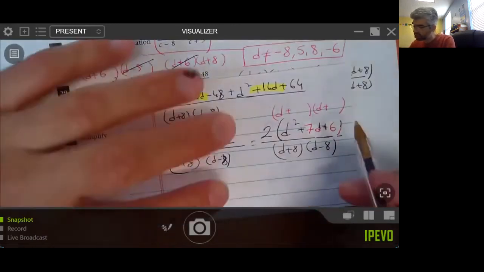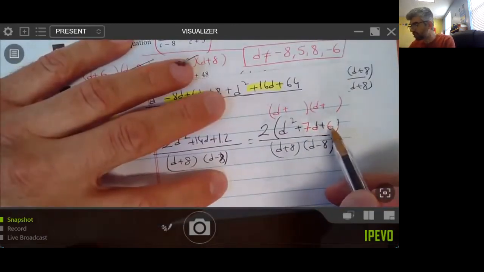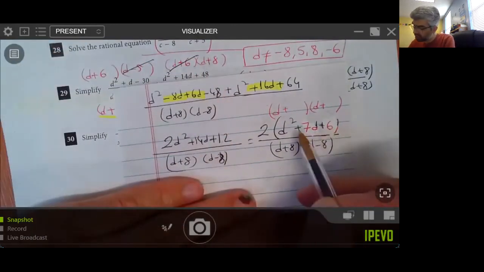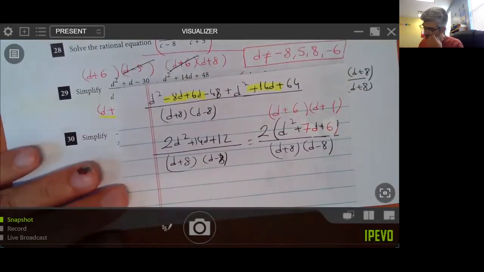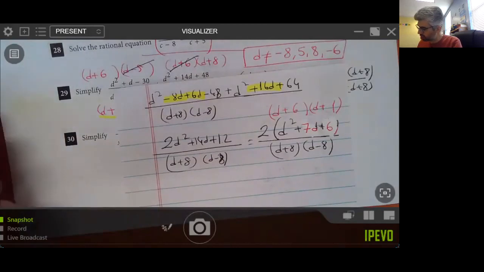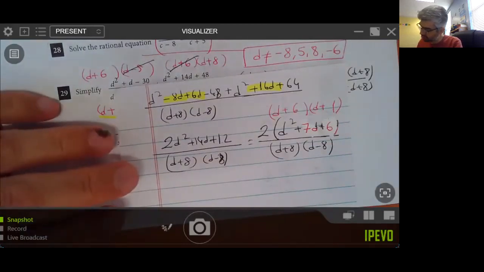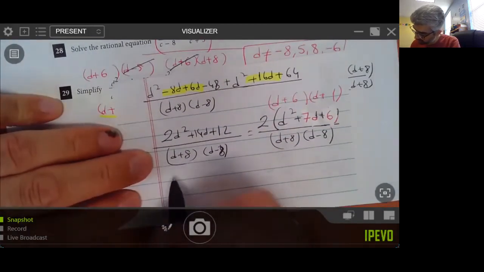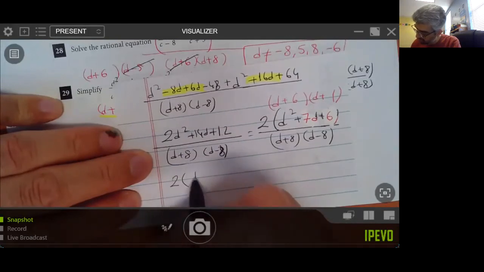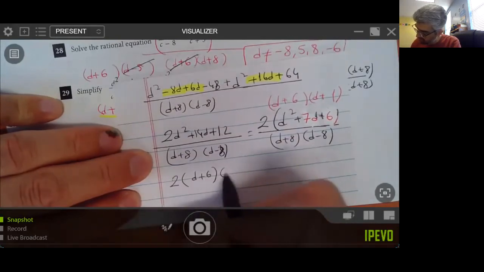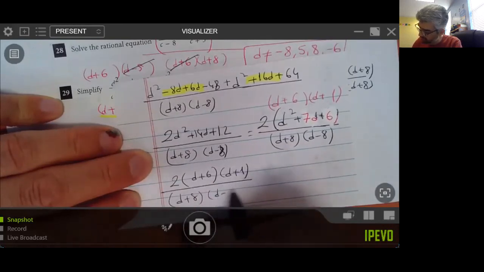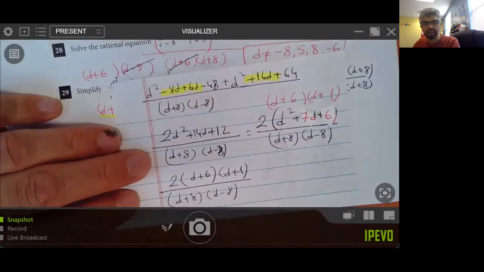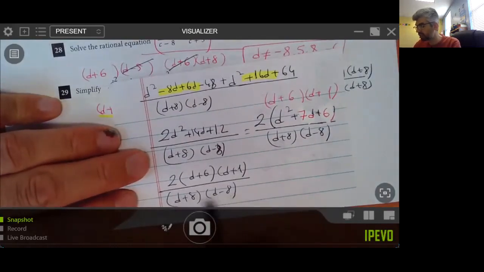Okay, so two numbers whose product is 6 and the sum is 7. They are 6 and 1. Oh, yeah, no more simplification. It means the final answer is 2 times D plus 6 times D plus 1 all over D plus 8 times D minus 8.